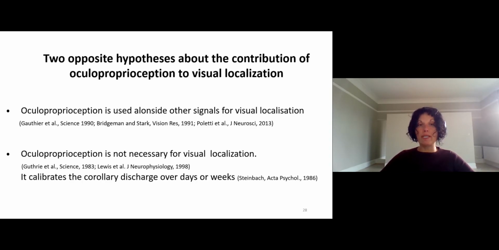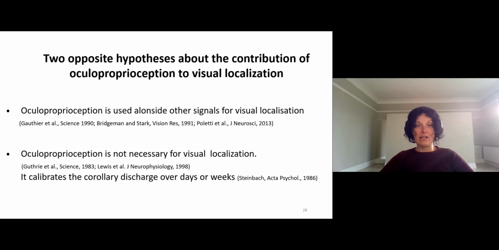There are two opposite hypotheses about how ocular proprioception and corollary discharge contribute to visual localization. On the one side, some authors suggested that ocular proprioception is used alongside other signals for visual localization.